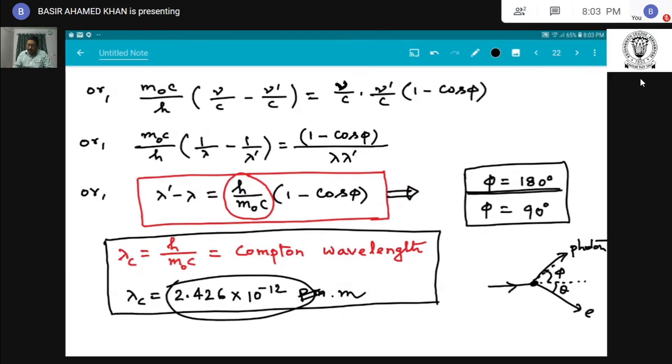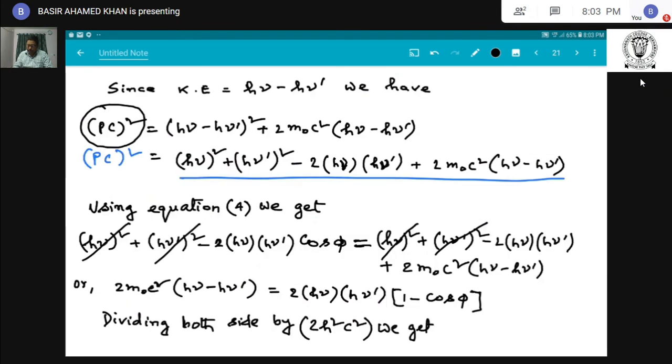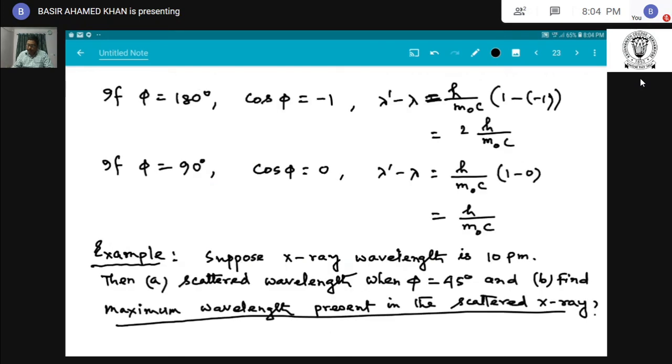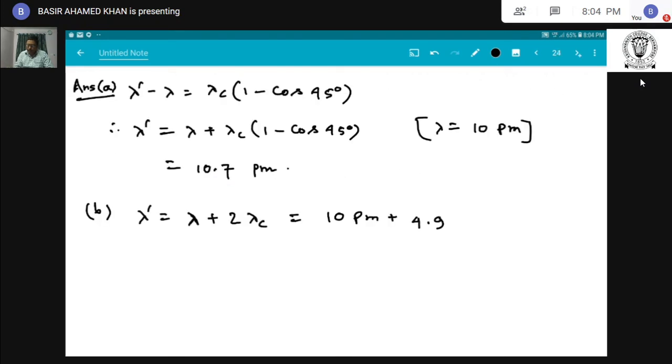So this is 10 picometer and this is 4.9 picometer, and the maximum value is 14.9 picometer. So this is the explanation of the Compton effect.